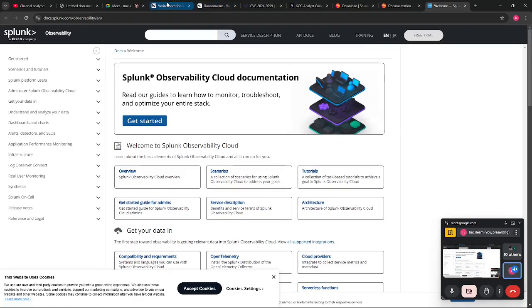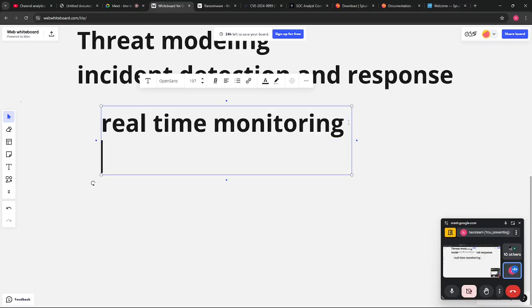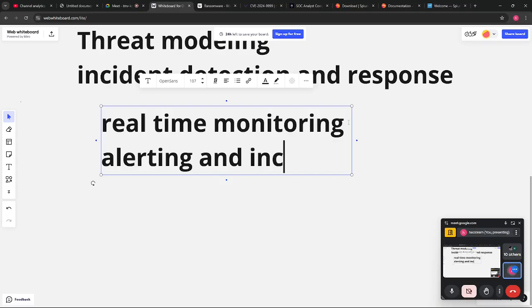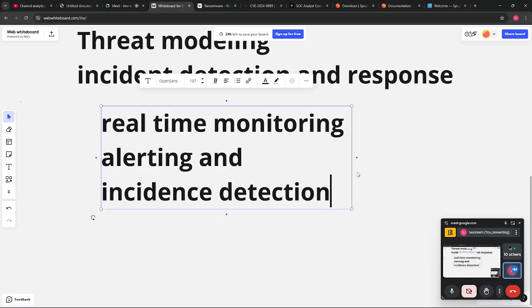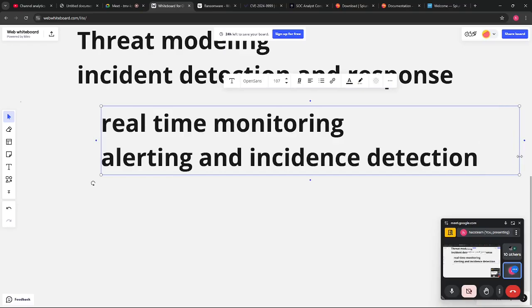It is used for alerting and incident detection. You can configure a lot of rules and thresholds to generate an alert for any specific event. If there is a series of failed login attempts, you can generate an alert, and if that happens, you can simply block that IP so no one can hack in.